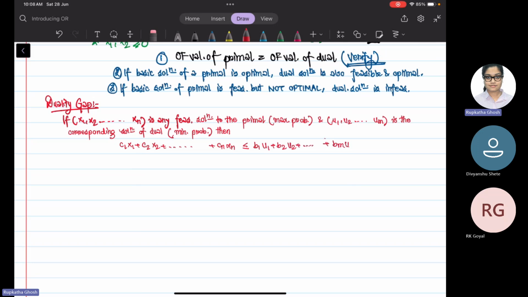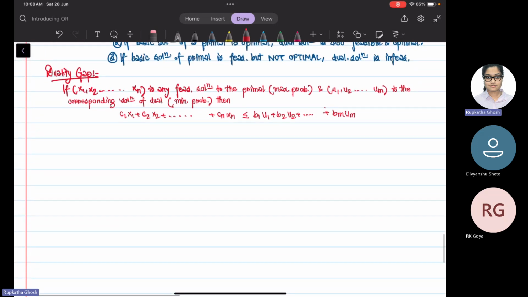So what I mean is, before reaching the optimality, at the optimality anyway, it will be equal. But at any stage of the iteration, you will see that the objective function value of the primal, if it is a maximization problem, is always less than or equal to the objective function value of the dual. So at any stage of the iteration, the difference between these two is called the duality gap. And this is actually given by the weak duality theorem.